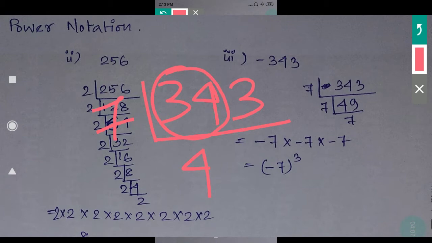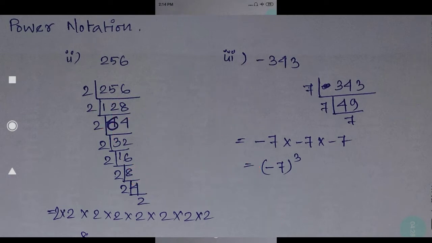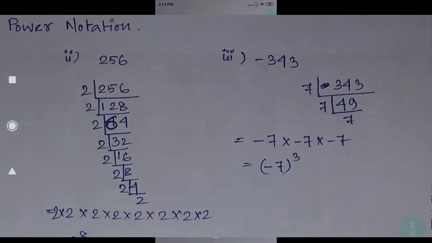After 28, it will be 29, 30, 31, 32, 33, 34. That means 63. How much is 63? 7 nines are 63. Again we can divide it by 7. If I divide it by 7, then 7 sevens are 49. How many 7s are we getting? Three 7s. See here, minus is given, so I can write this as minus 7 into minus 7 into minus 7.